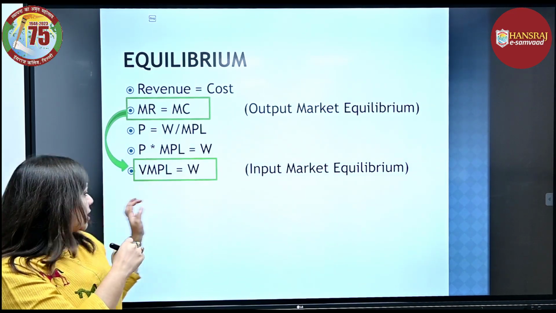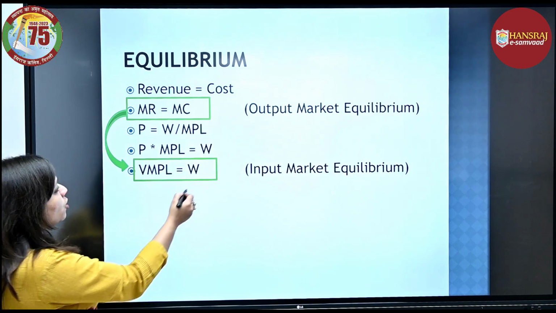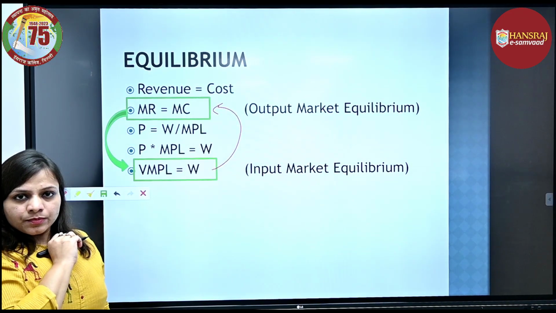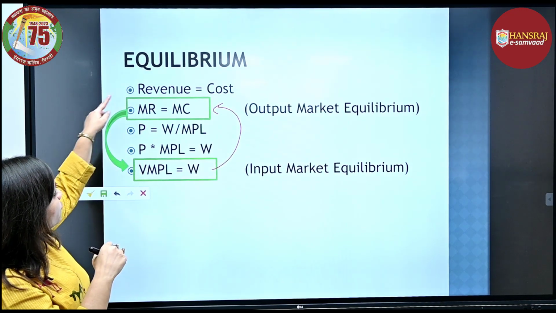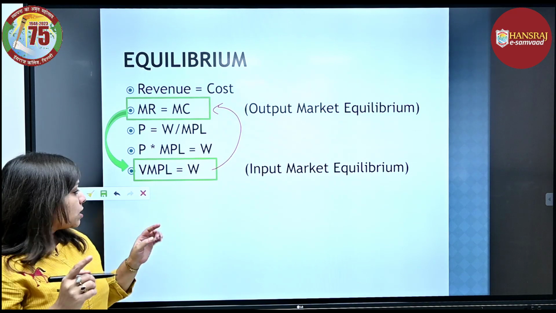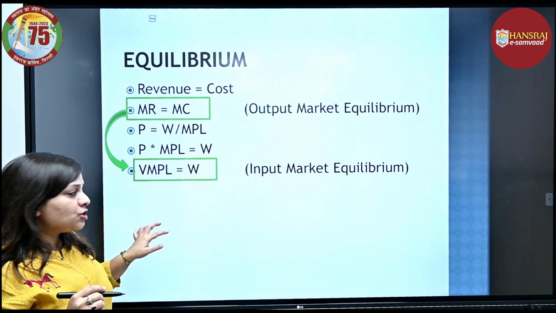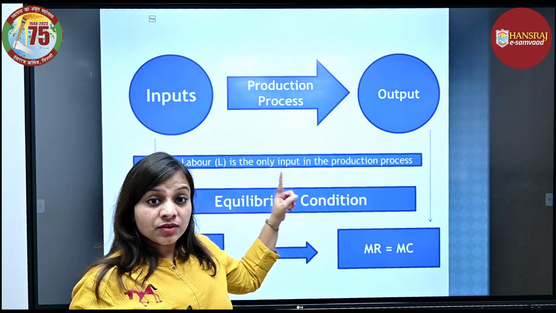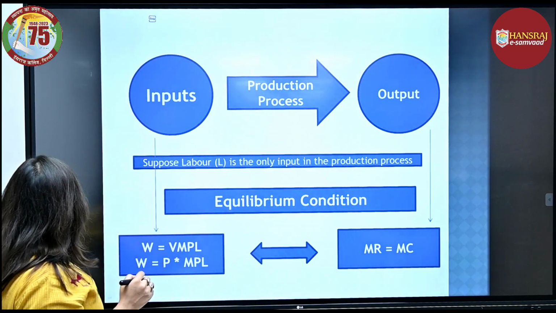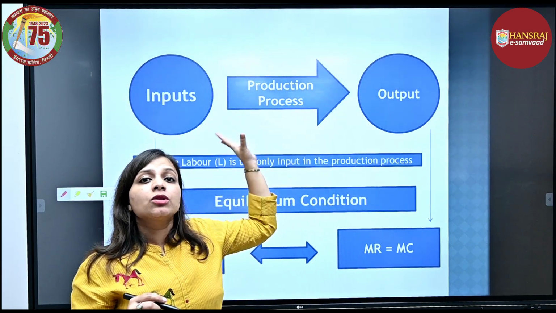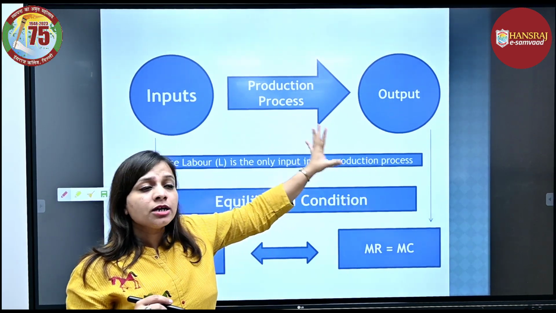In the previous case we were going from input market to the output market, but over here we are coming from output market to input market. So both are mirror images of each other. So coming back to this diagram from where we have started, we started from this diagram saying that input market and output market both are perfectly competitive market.